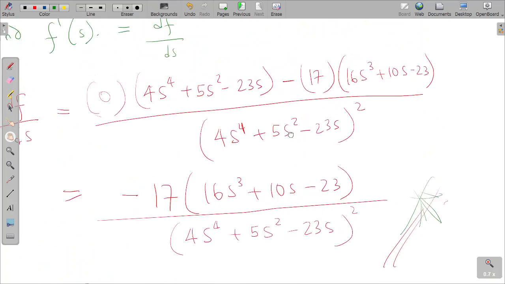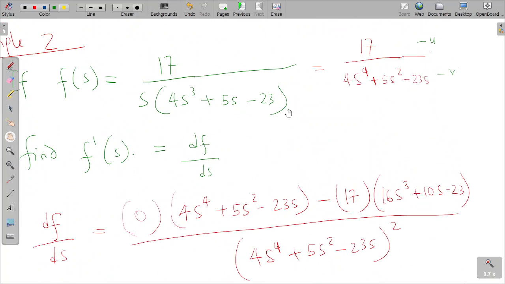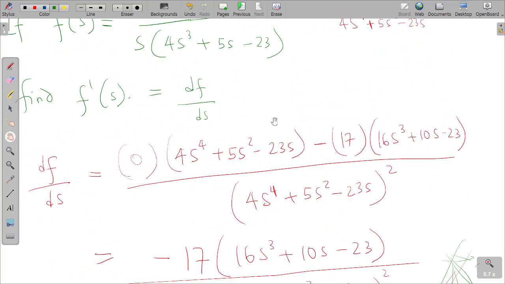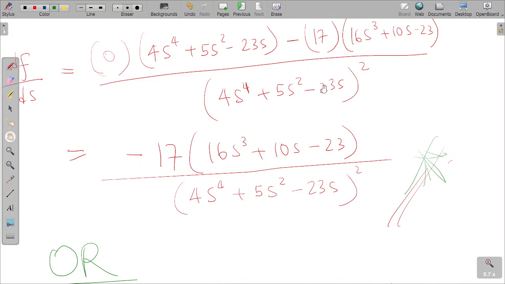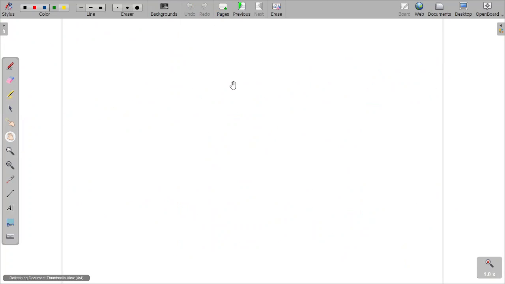But if you are asked to use chain rule, if it is stated that you should use chain rule to find the derivative, then this is how to go about it. Please stick to the rule you are asked to use. Except you are not given any rule to use, then you can use any one you like. All right, please take note of that.